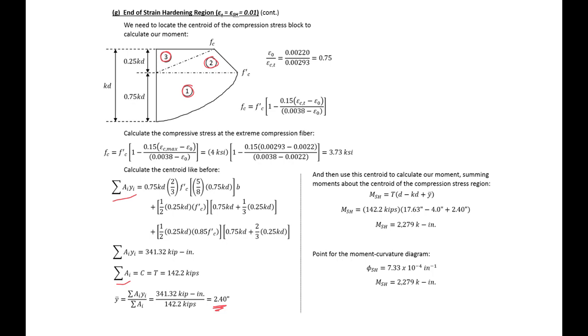We can then use this to calculate our moment. So again, taking the tension times our lever arm will give us a moment here of 2,279. And we can pair that with the curvature that we calculated on the previous slide to get our next point on our moment curvature diagram.